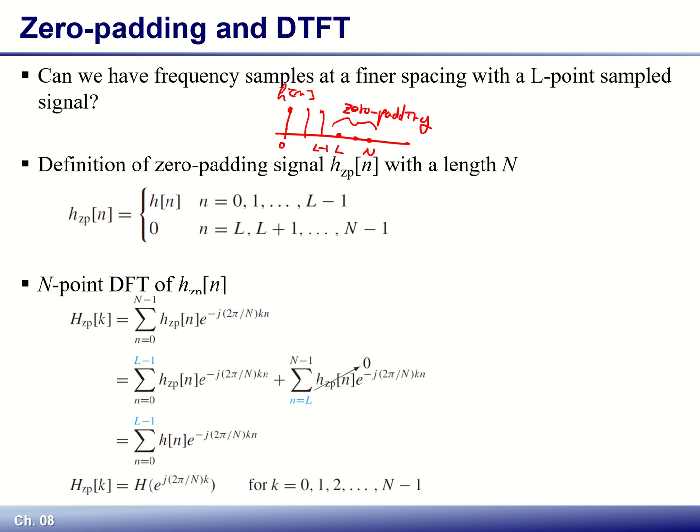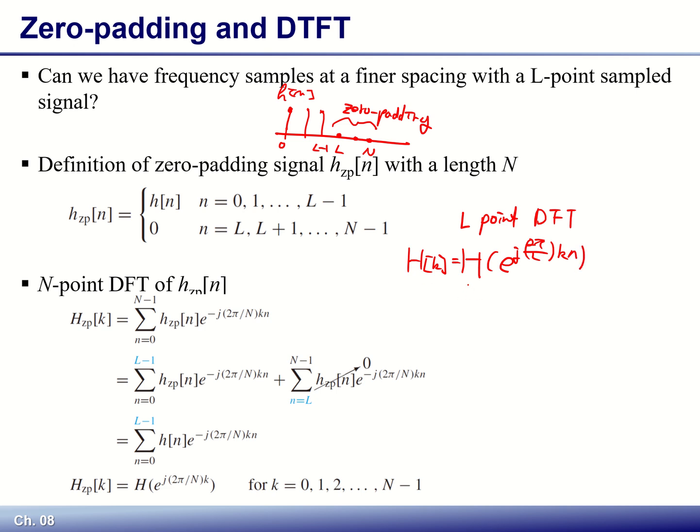So H[k] will be the sum of h[n] exponential minus j 2 pi over N kn. When we have an L-point DFT, it will be exponential minus j 2 pi over L kn.